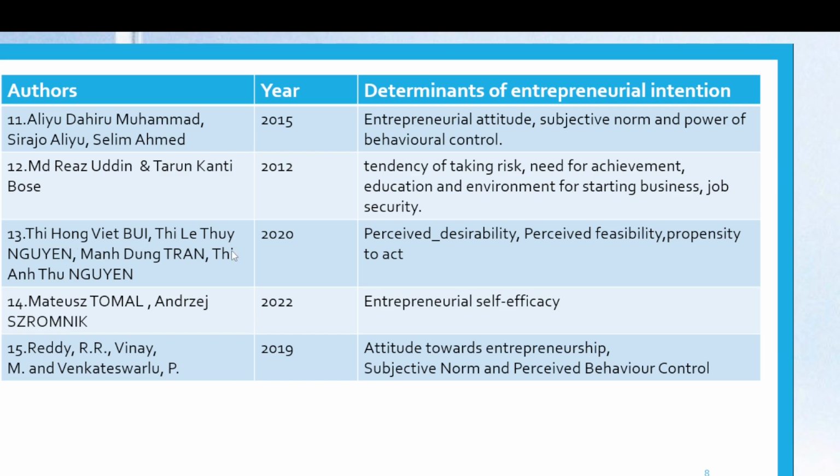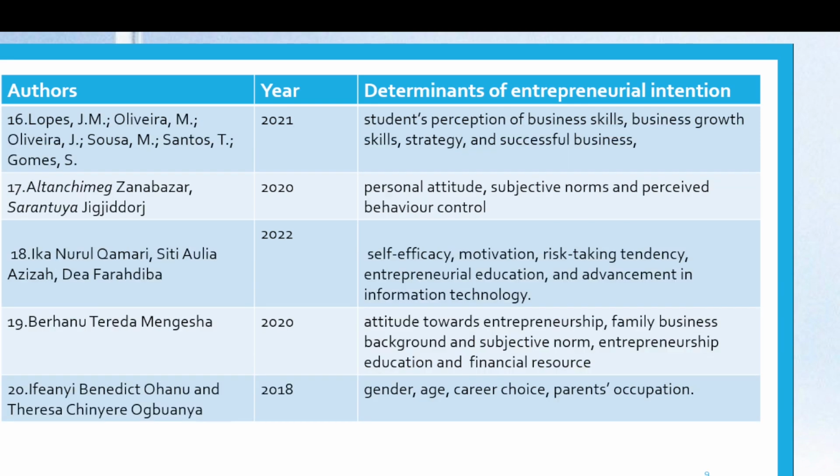These authors conclude that the determinants are perceived desirability, perceived feasibility, and propensity to act. And these authors conclude that the determinant is entrepreneurial self-efficacy. These authors concluded that the determinants are attitude towards entrepreneurship, subjective norms, and perceived behavior control.